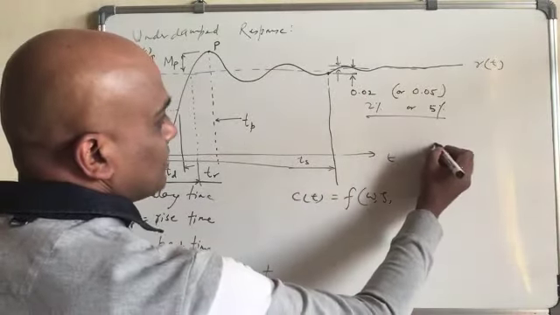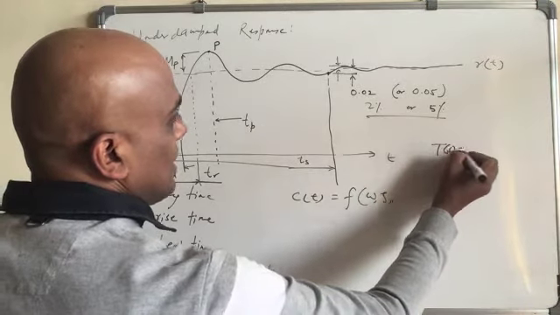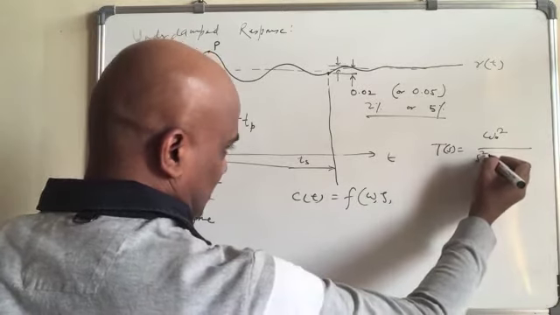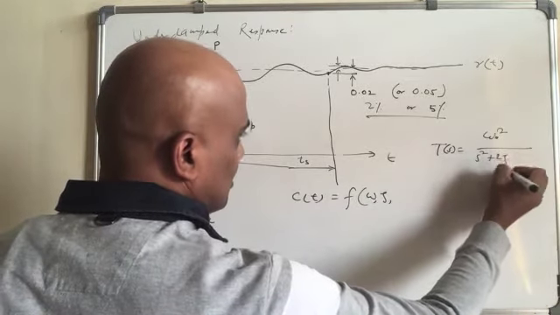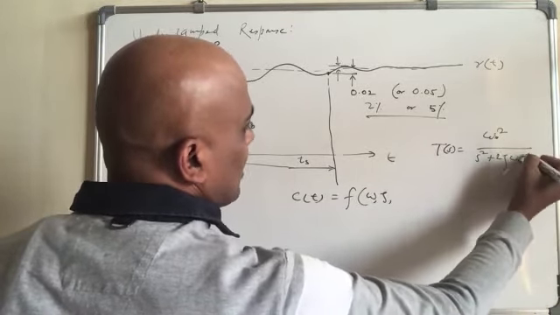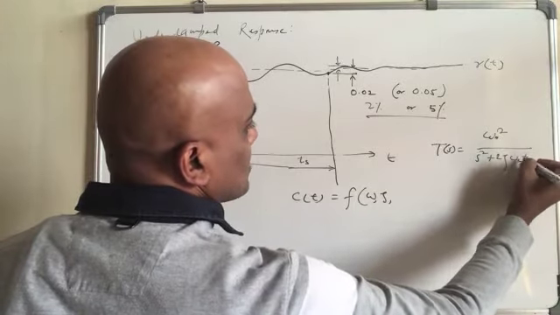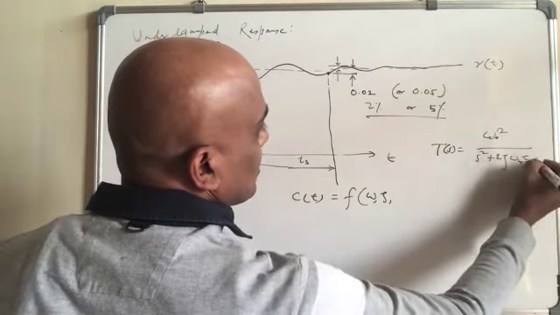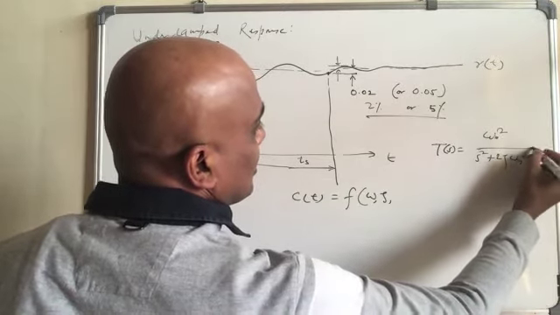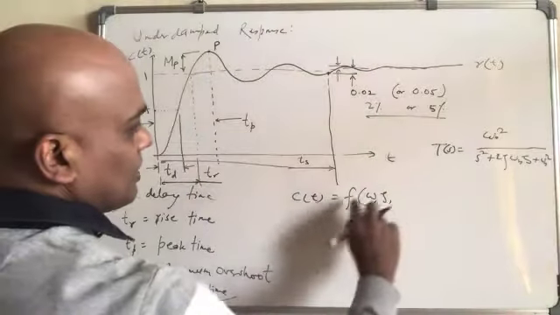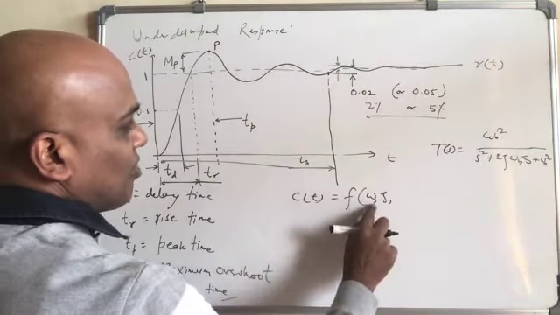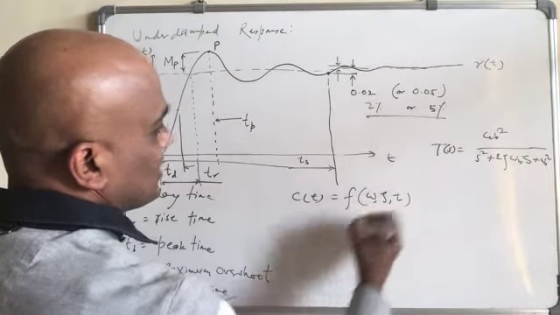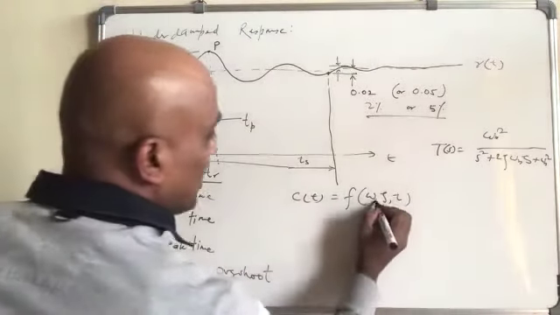Since T(s) is given by omega n square divided by s square plus 2 zeta omega n s plus omega n square, C(t) will be a function of omega n and zeta, and of course t will be there.